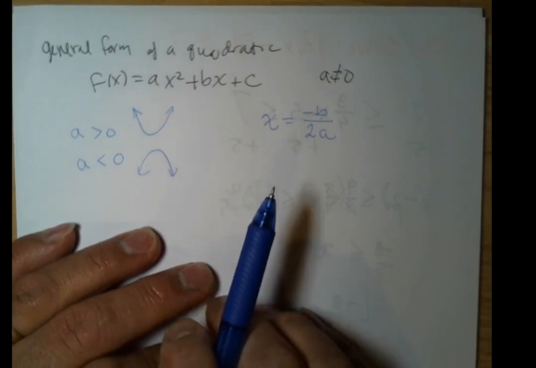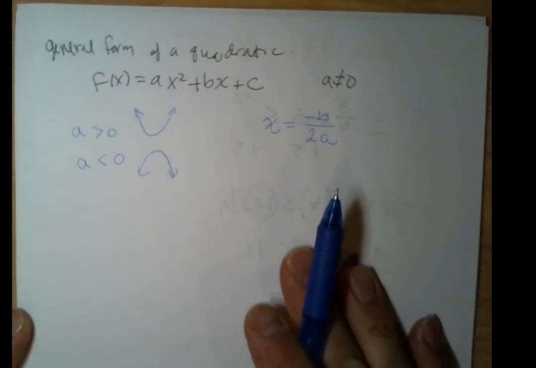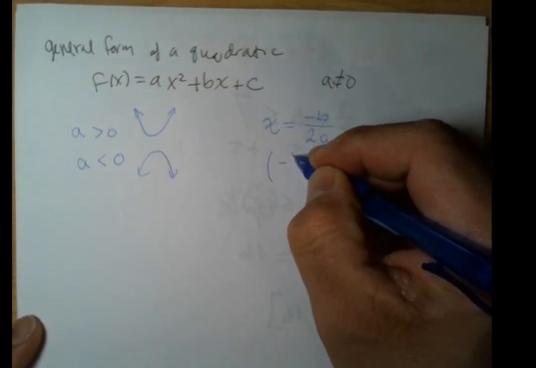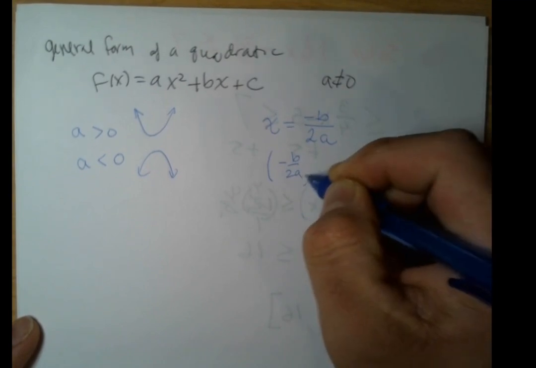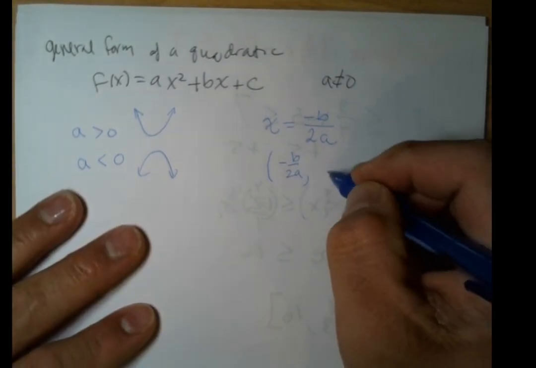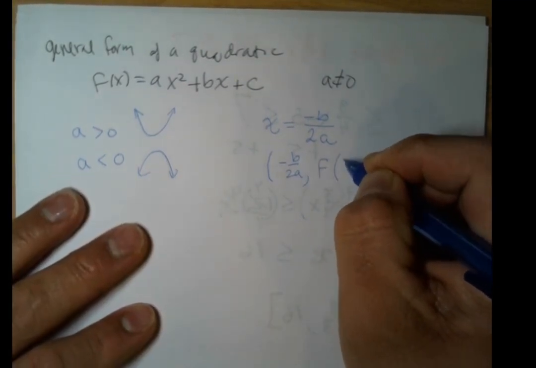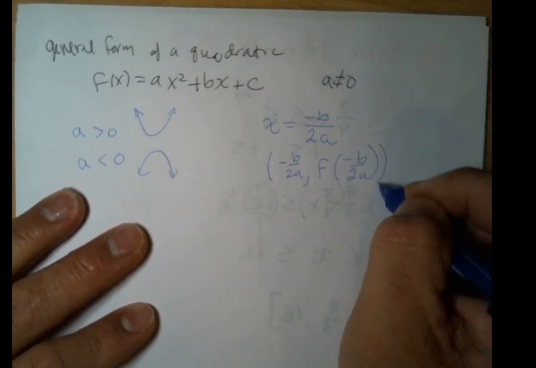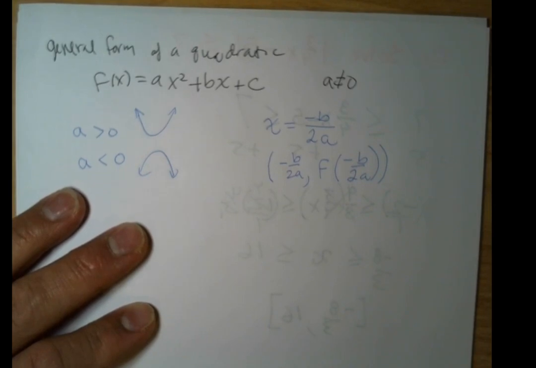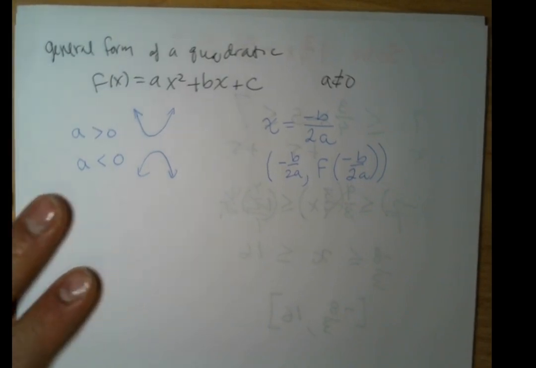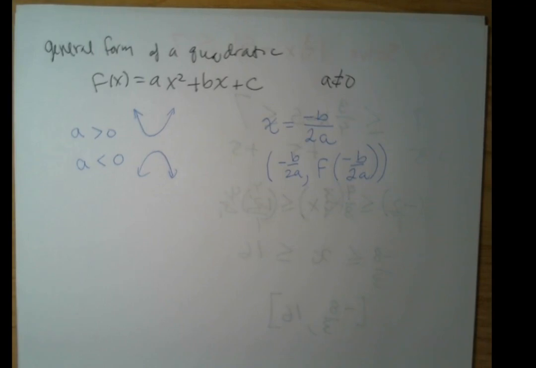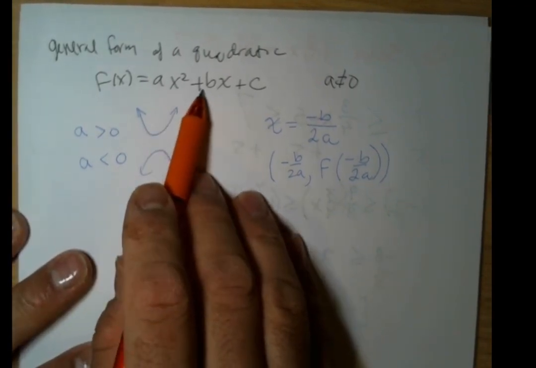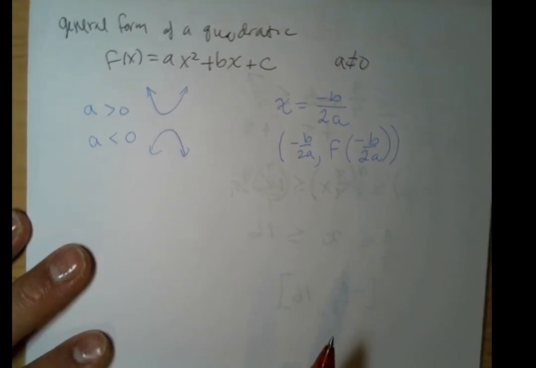But as we saw, that line of the axis of symmetry always goes through the vertex, so to find the vertex, the x-coordinate would be negative b over 2a, and the y-coordinate would be the function value evaluated at negative b over 2a. So we can get that from general form just by using whatever those coefficients happen to be.